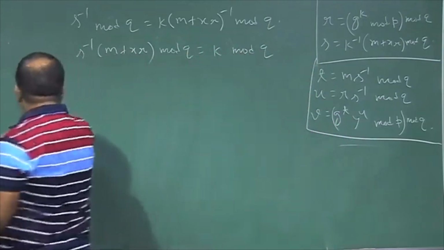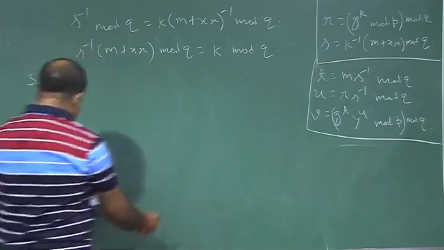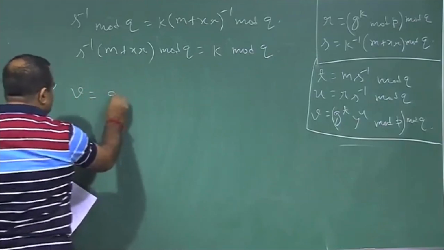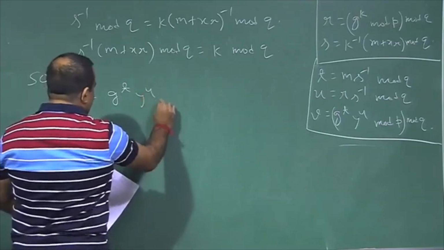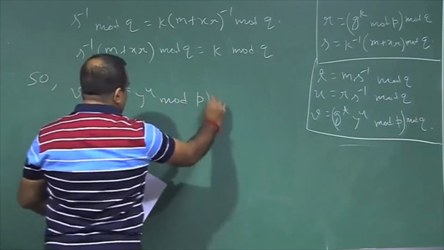So, V is basically g to the power t, y to the power u mod p and then mod q.